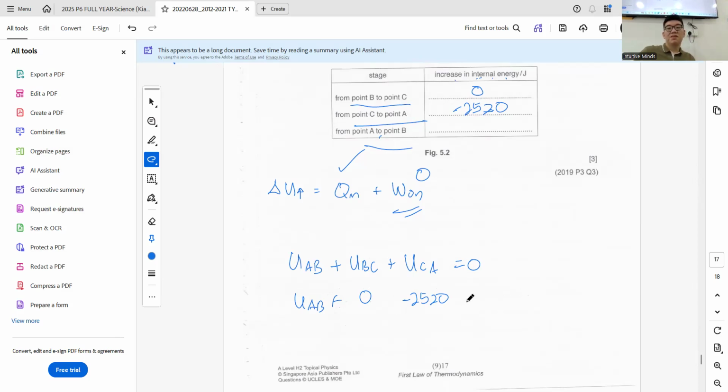You need to find the change in U for AB now. I think there are three ways. So this is way number one.